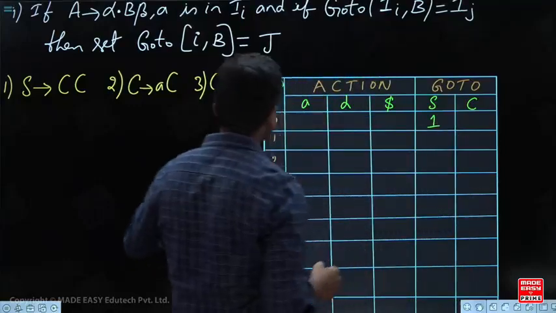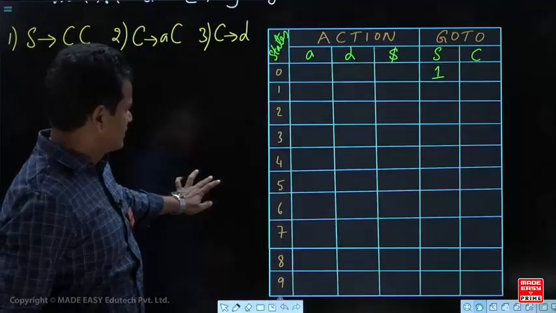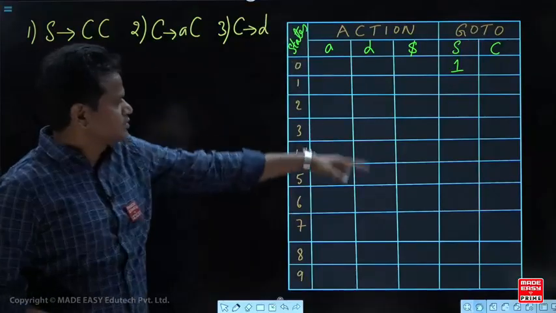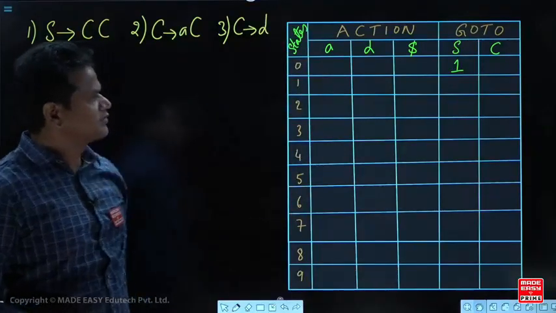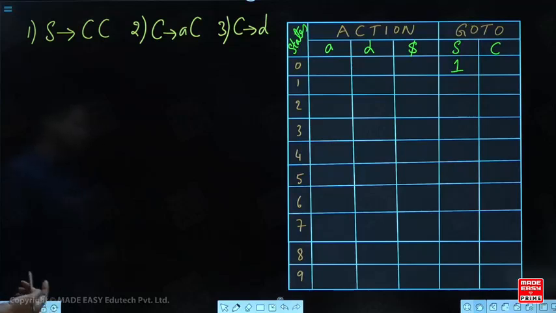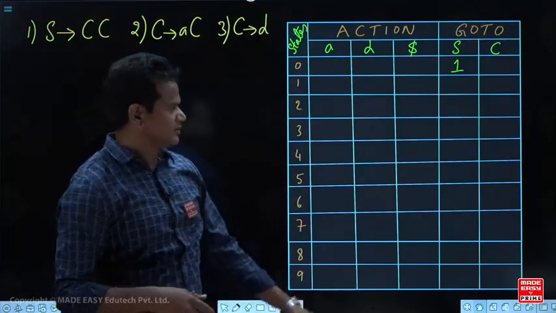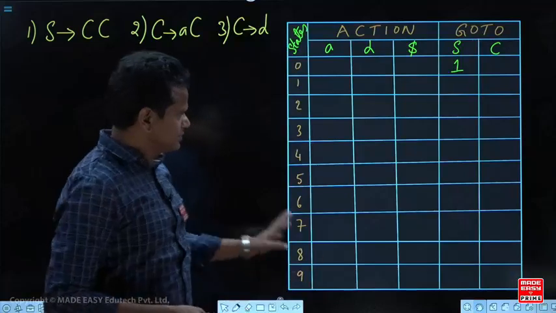So better you just copy this table. I forgot to give you the time. So after giving the numbers, you just copy the table. Every one of you copy the table. And those who attended yesterday's class, don't wait for me, just continue.